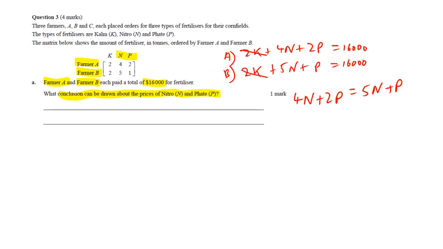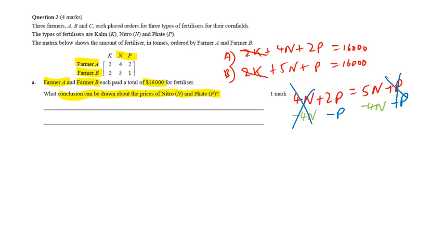Well, let's do some quick algebra to balance out both sides. I'm going to take the 4N from both sides, and then I'm going to take a P from both sides as well. So you can see that this all disappears, and this all disappears.